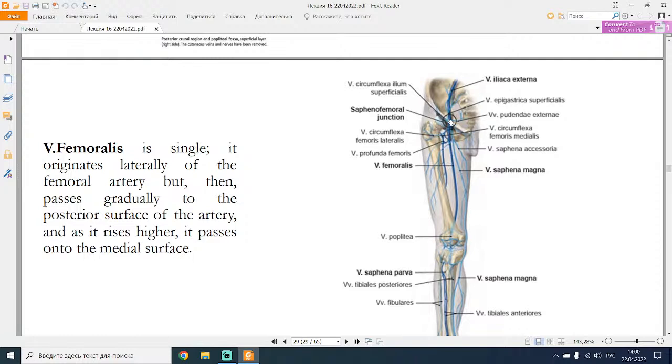It originates laterally of the femoral artery, but then passes gradually to the posterior surface of the artery, and as it rises higher, it passes onto the medial surface. Vena femoralis drains into vena iliaca externa.